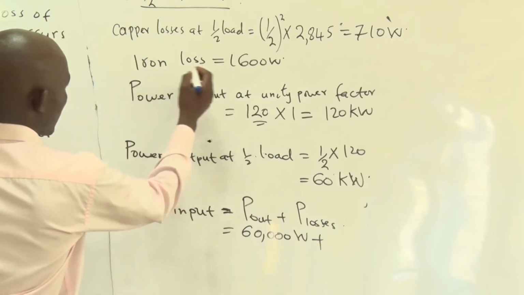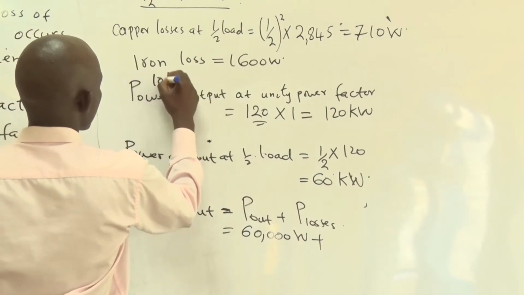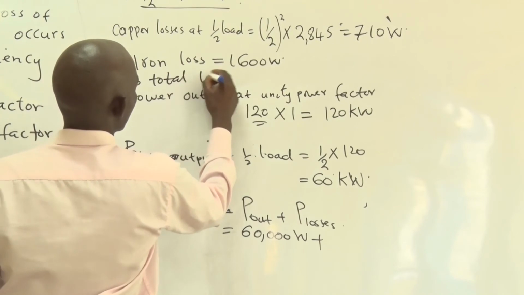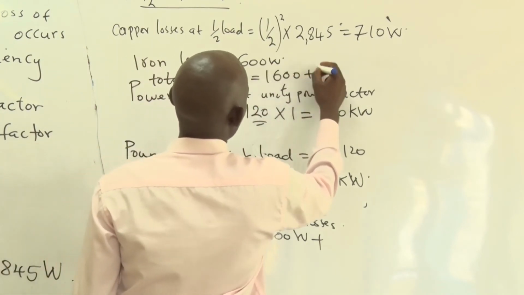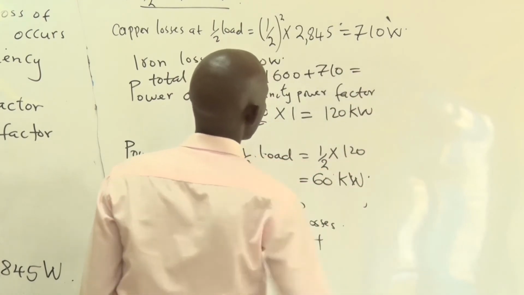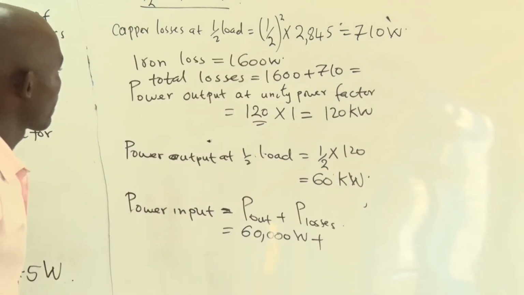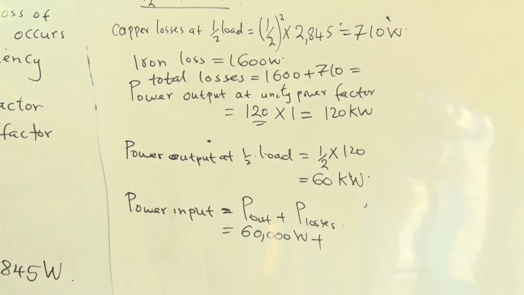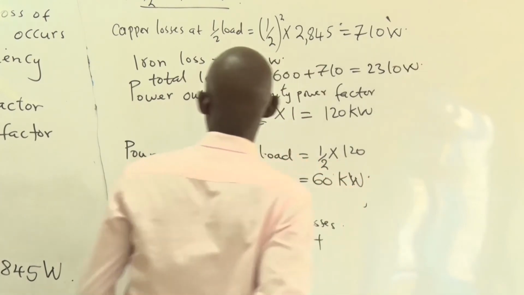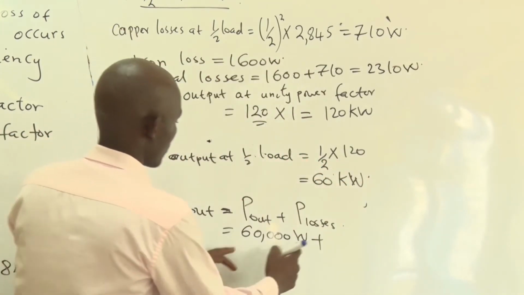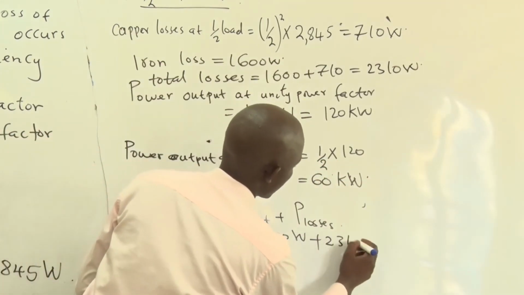So in fact we can add them here. Total losses will be equal to 1600 plus 710, which gives us 2310. So those are the total losses, and that is what we are going to add here.